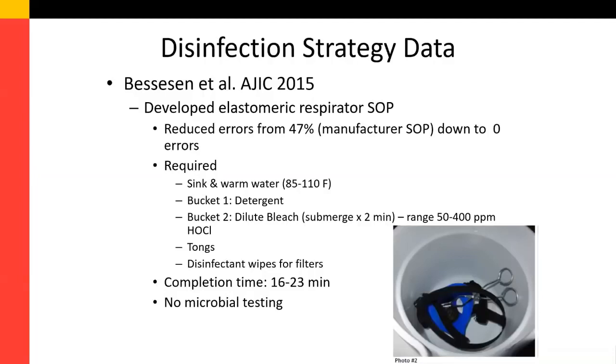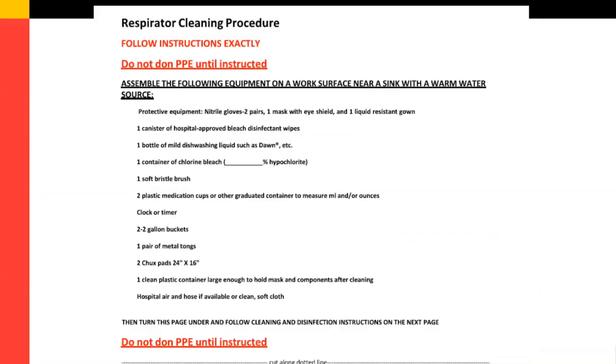They needed tongs because the respirators were to be submerged in the fluids, and these face masks like to float, so the tongs need to keep the respirators in the water. And they used disinfectant wipes for the filters. The total amount of time it took to complete this process was between 16 and 23 minutes, and this study included no microbial testing, but that's coming.